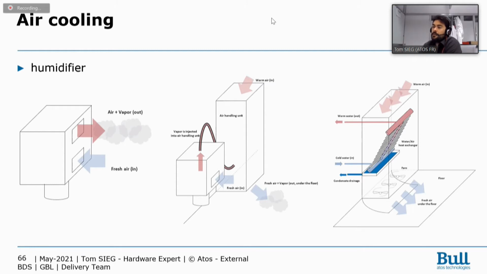If you're going under 20%, just as an example, you will reduce your heat exchange too much because you will not have enough humidity.